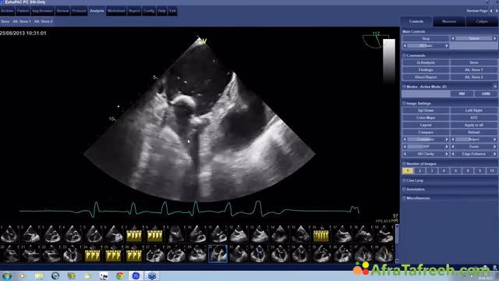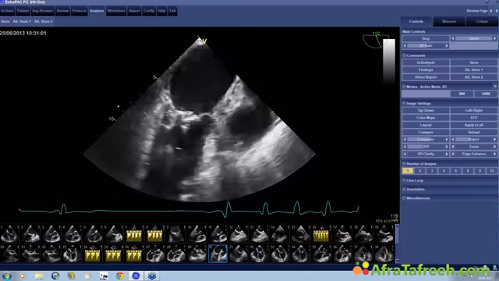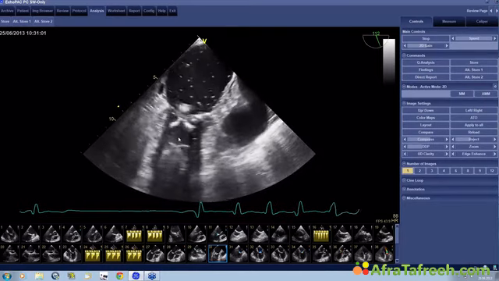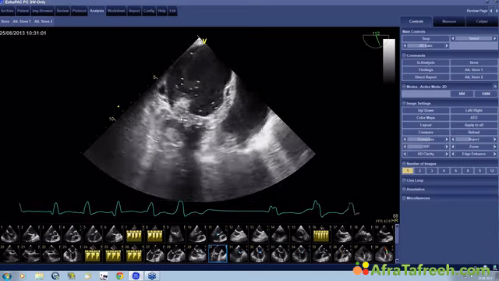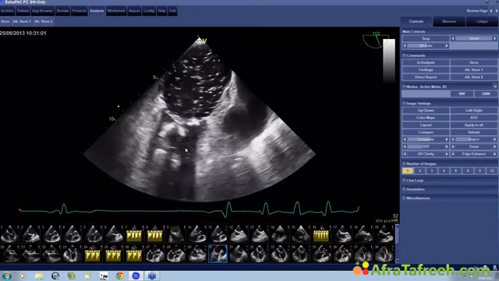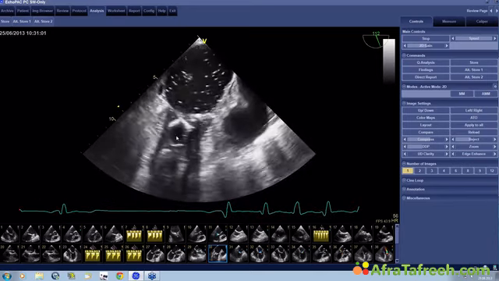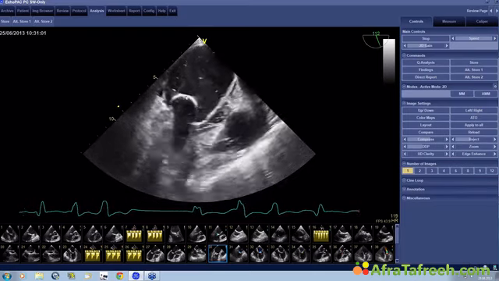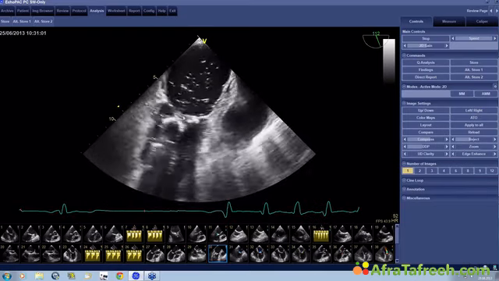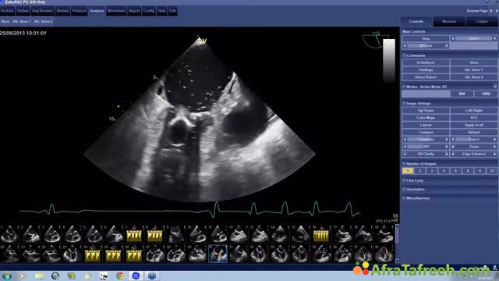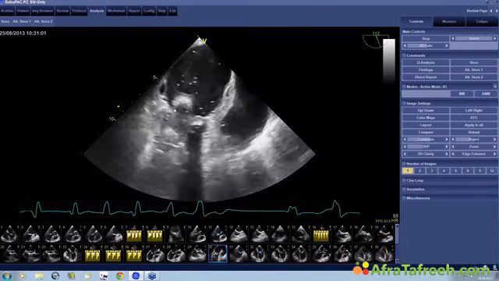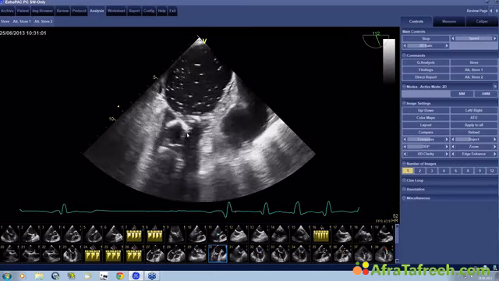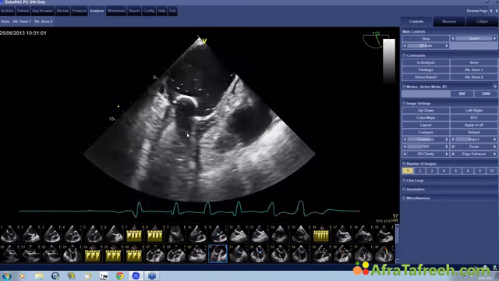Right here, what you see is the balloon. It's filled with saline and a bit of contrast, and the balloon can be pumped up. You have this contrast syringe that you empty into the balloon. The balloon expands right at the region where we have the mitral valve, and the idea is to pop the mitral valve and thereby cause it to expand.